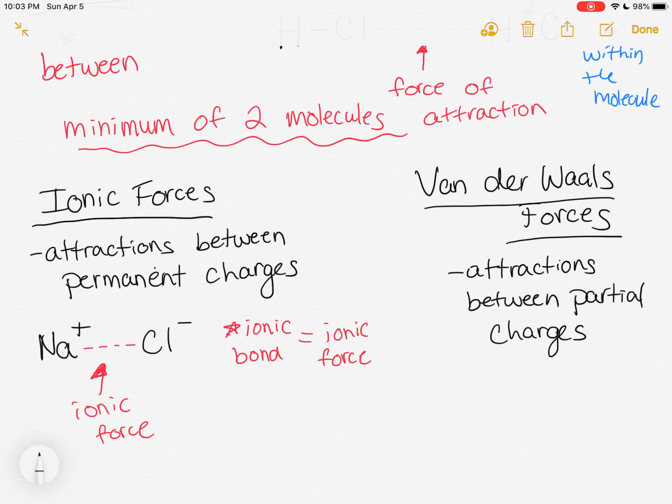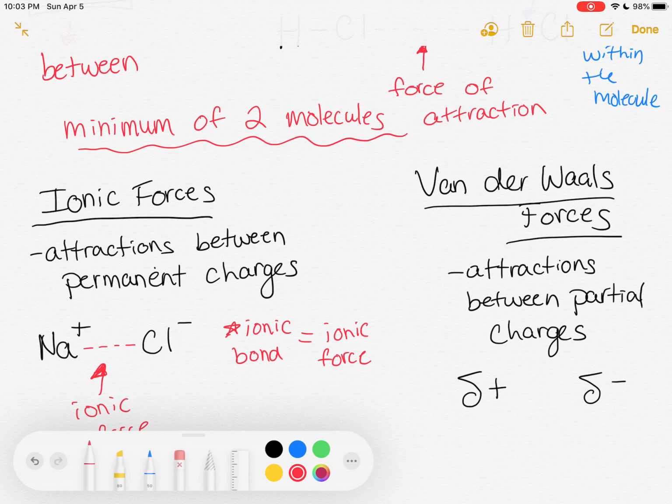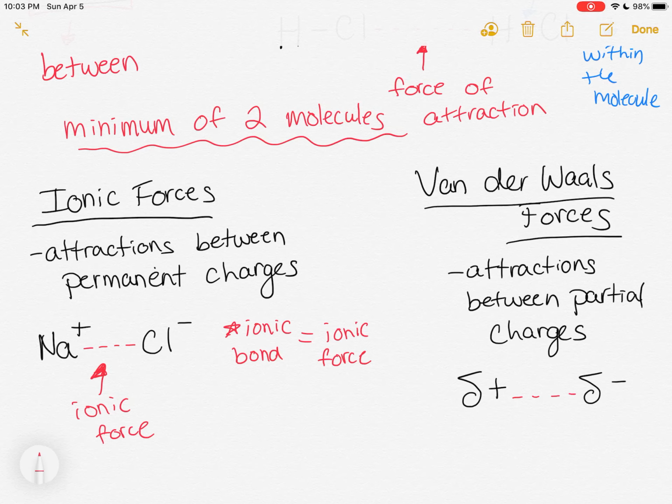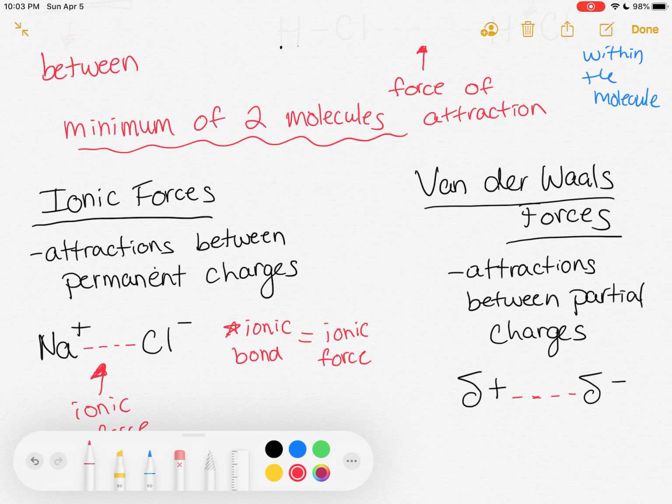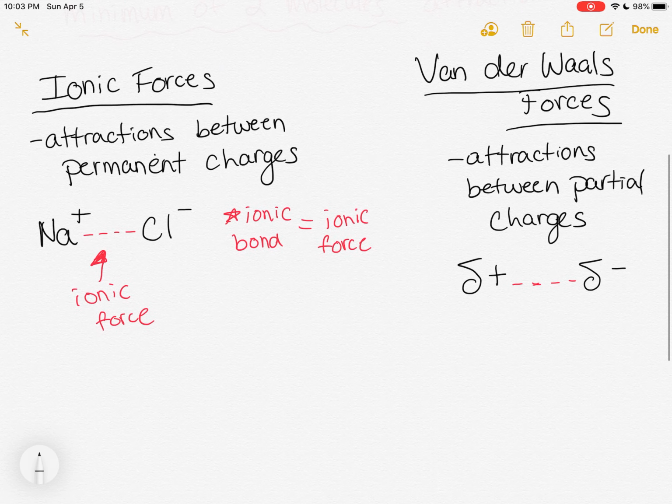In van der Waals forces, they're happening between partial positive charges and partial negative charges. So we're still getting an attraction, but the attraction is not between a positive and a negative charge. It is between a partial positive charge and a partial negative charge. So our van der Waals forces are those attractions between partial charges.